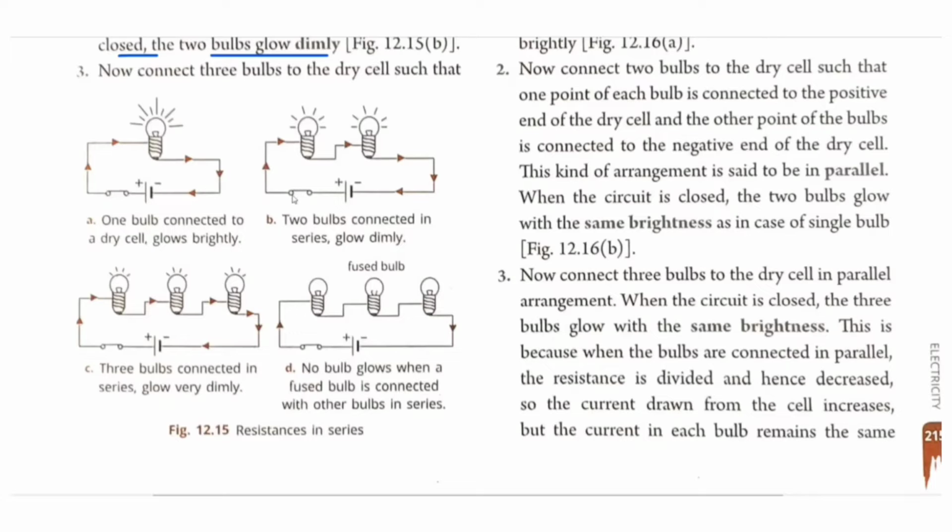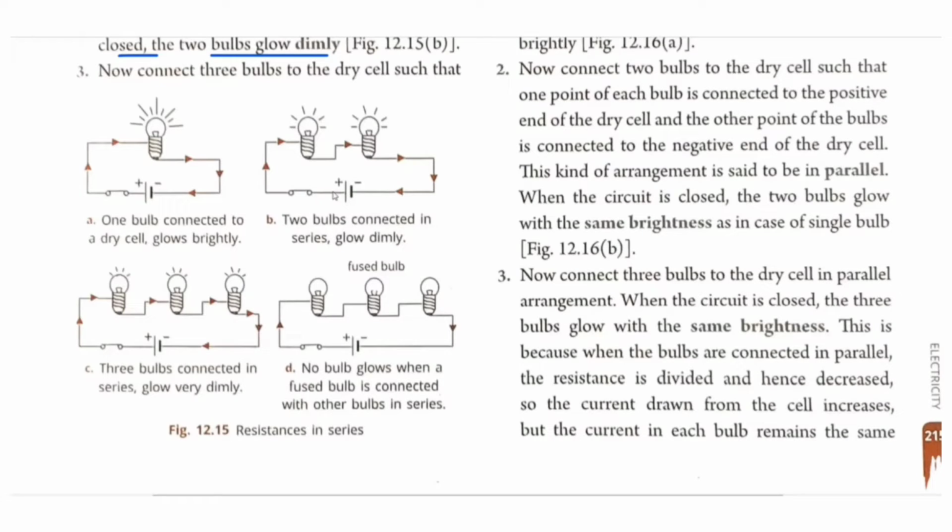As the switch is on, current is flowing through the circuit and both the bulbs are glowing simultaneously. But one thing you notice here, students, is that both the bulbs are glowing a little dimly, not at the brightness seen when there was only one bulb in the circuit.